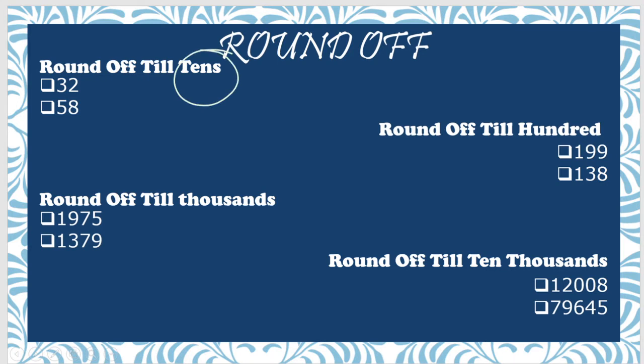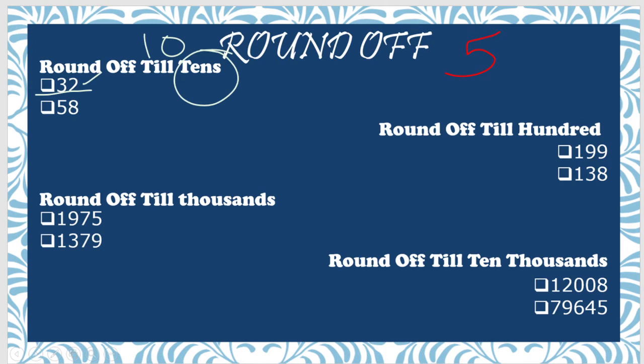To round off 32, this is tens. So how many zeros are there? There is only 1 zero. So we have to concentrate on the ones place. In the ones place, 2 is written. 2 is smaller than 5. You always have to concentrate on the number 5.